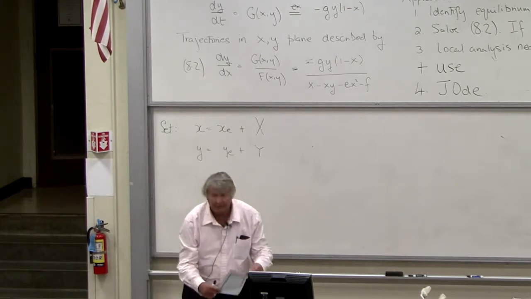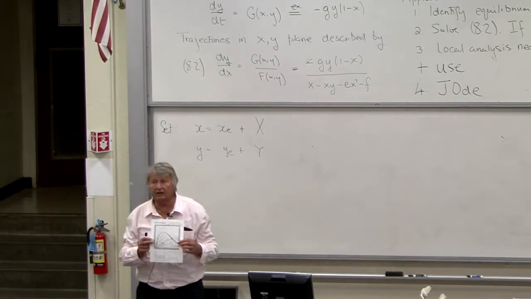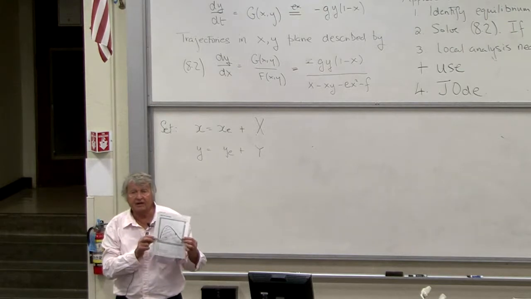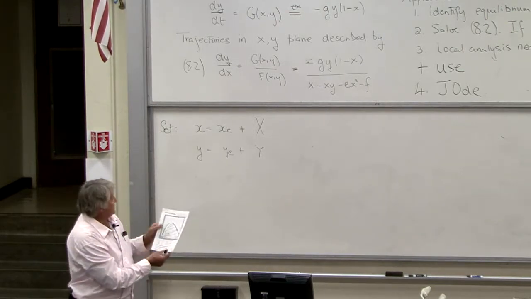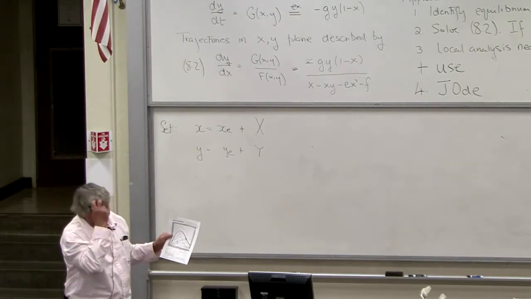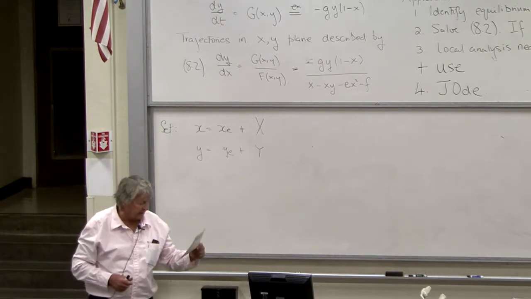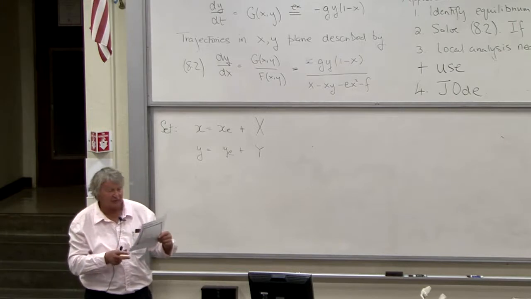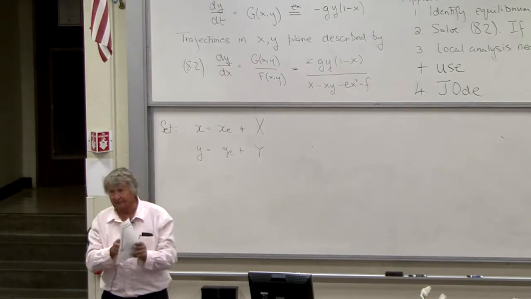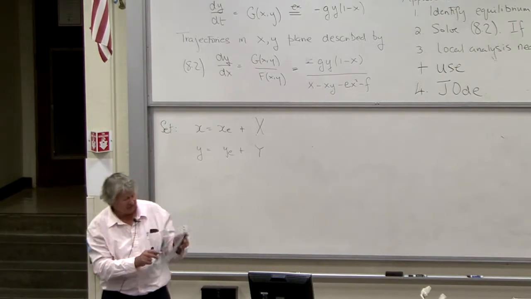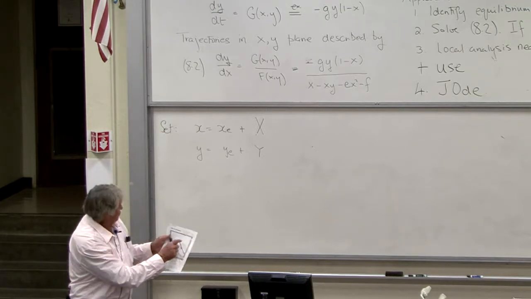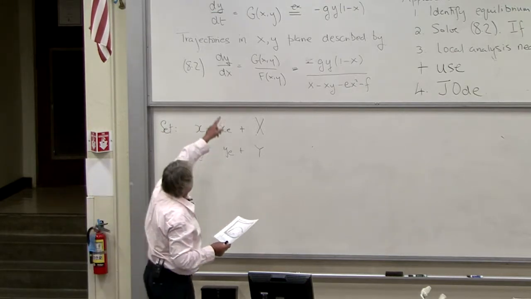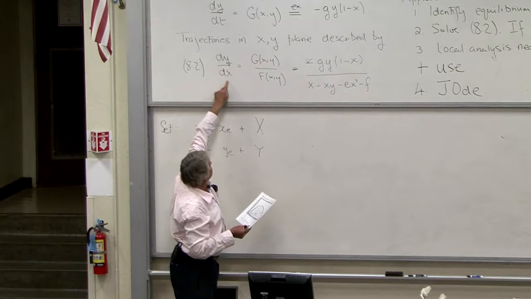For instance, this is now the JODE where I've taken e equals 0.4 and f is equal to, I think, 0.2 here. And you can see the arrows give you the directions. This is the tangent of an angle.